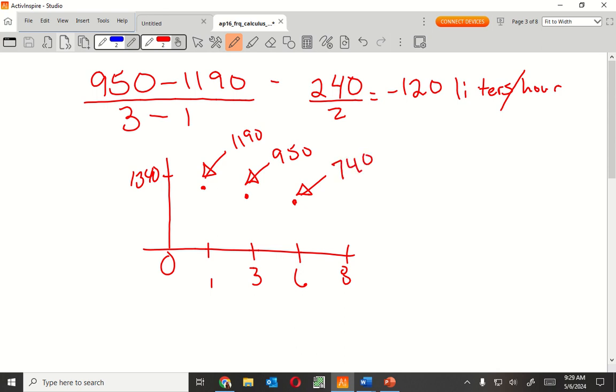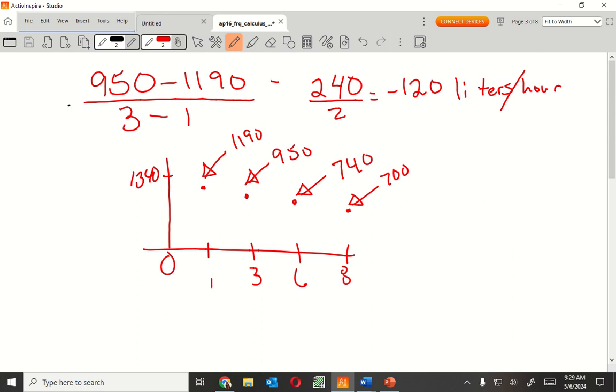And value at 8? 700. So I am a very visual person. I can do this without this, but this hopefully is going to help you with going through this.